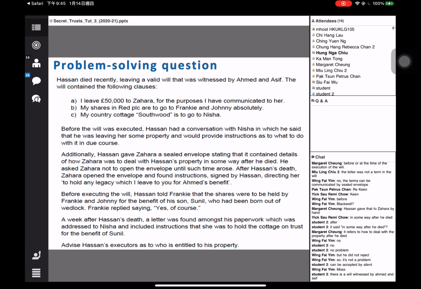Yes. The will was witnessed by, well, not so important about Asif, but certainly Ahmed. He was a witness to this will.